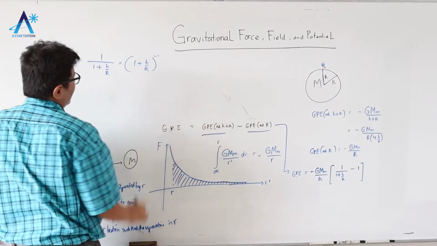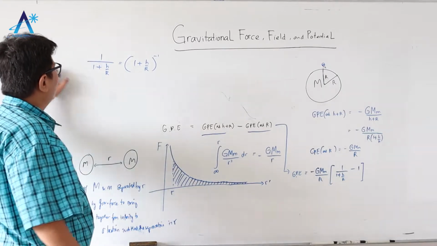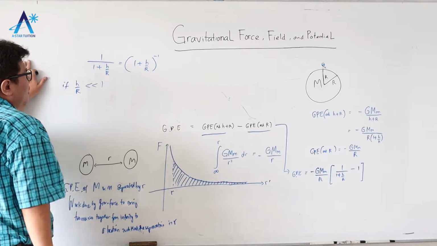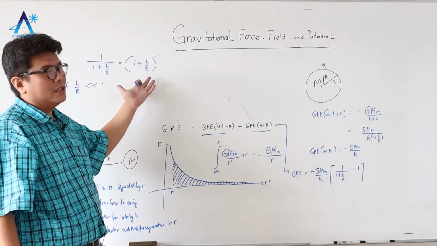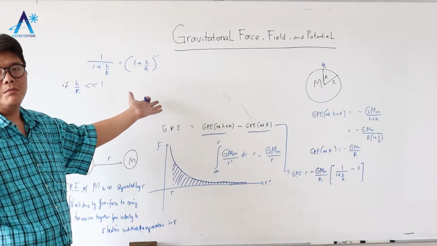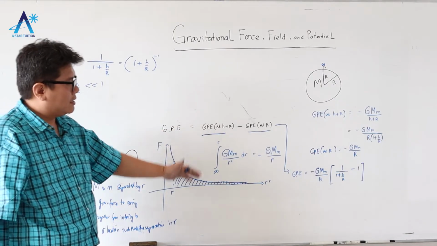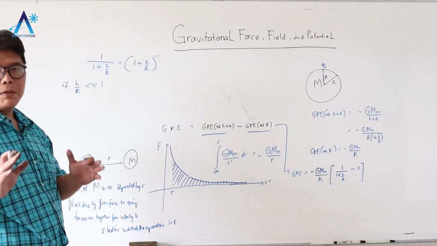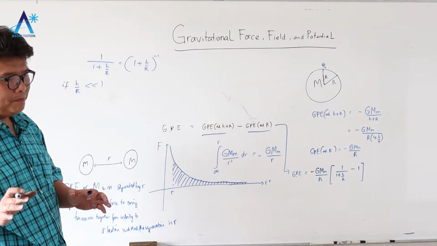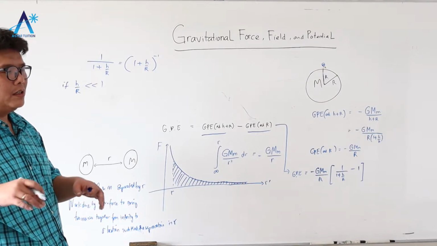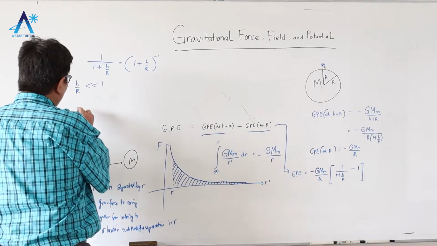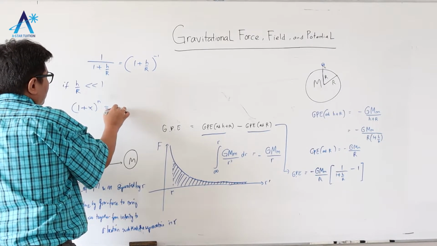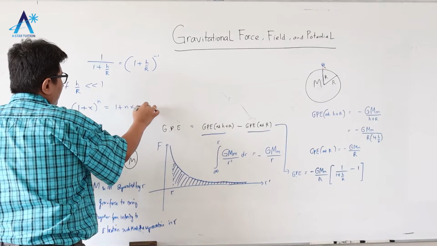Now, if h over r is much less than 1, then we can use the binomial expansion approximation to replace this expression. If you remember binomial expansion with negative or fractional power, 1 plus x to the power n is equal to 1 plus nx plus n times n minus 1 over 2 factorial, x squared, and so on.